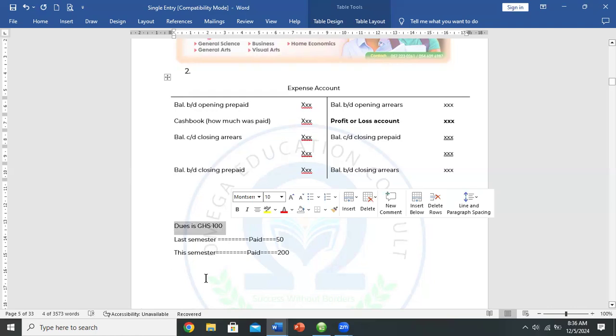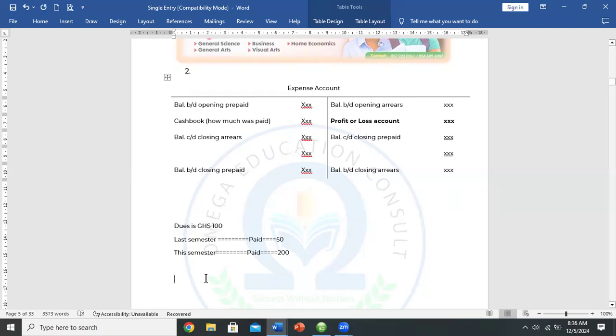But under normal circumstance, you'd have to prepare the dues account and record how much you paid last semester, how much you were owing, and how much you've paid this semester. Then when you balance it, you can know the true expense on dues, right? So having convinced you a little, I think I should go on to the format so we can make progress.